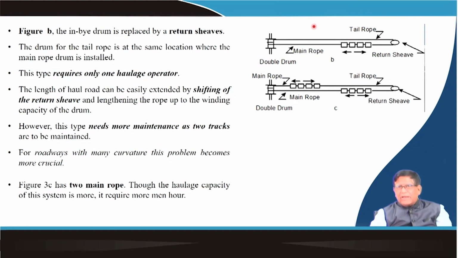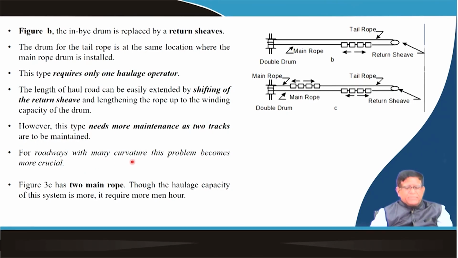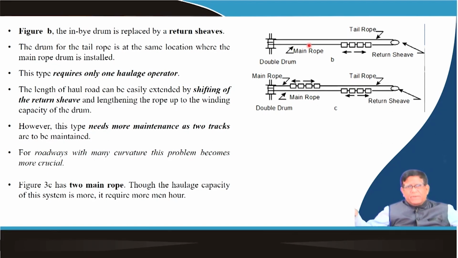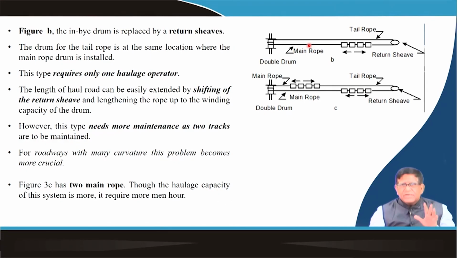So, all the time two tracks will have to be maintained, and there is also the problem of curvature, because it is difficult to negotiate curves and turns, particularly in a gallery when you are making a number of pillars and connecting one district to the other. When you have to negotiate the curved part, there are certain issues and problems over here.